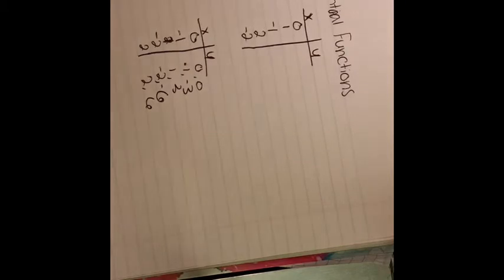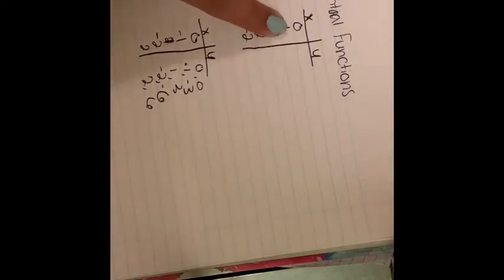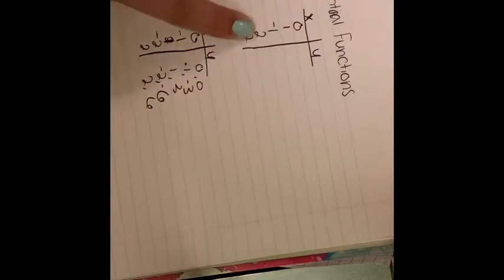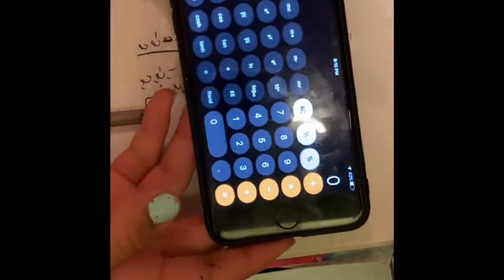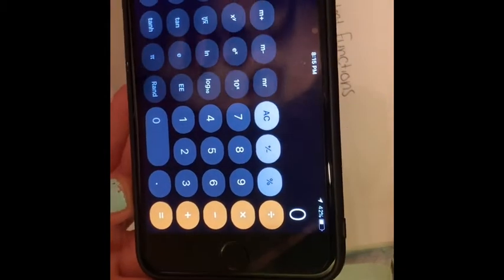Now we're going to show you how to do the exponential one. For this part, you can use a calculator. So now you want to do 3 to the exponent of 0, 3 to the exponent of 1, 3 to the -1, 3 to the 2, 3 to the -2. If you're using a phone, you're going to want to turn your calculator sideways.